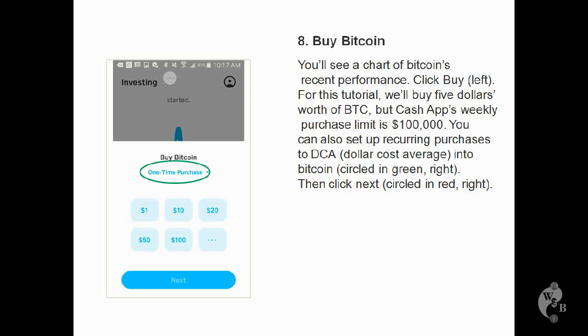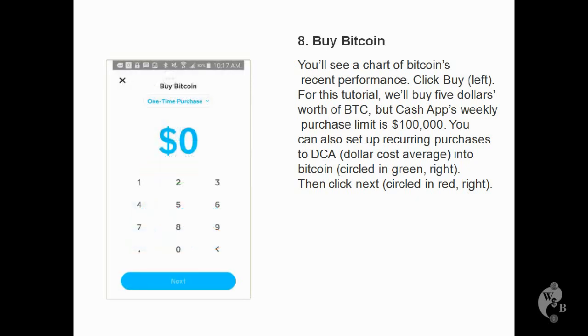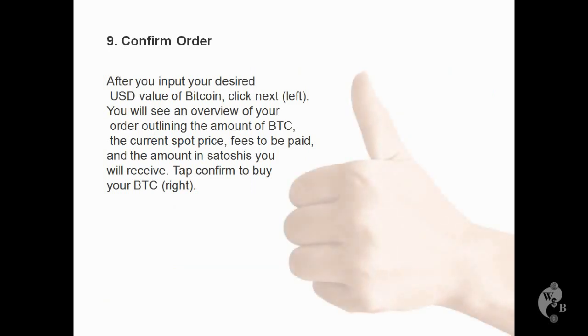So we want to make sure it says one-time purchase, and then we want to click on the button with the three dots, and that will prompt you to add the dollar amount that you want to get started with. So what I chose was 105 to get started, and that'll make sure it covers any of the fees in the transferring of the Bitcoin. Okay, and then we click next. So then you're into the confirmation screen.